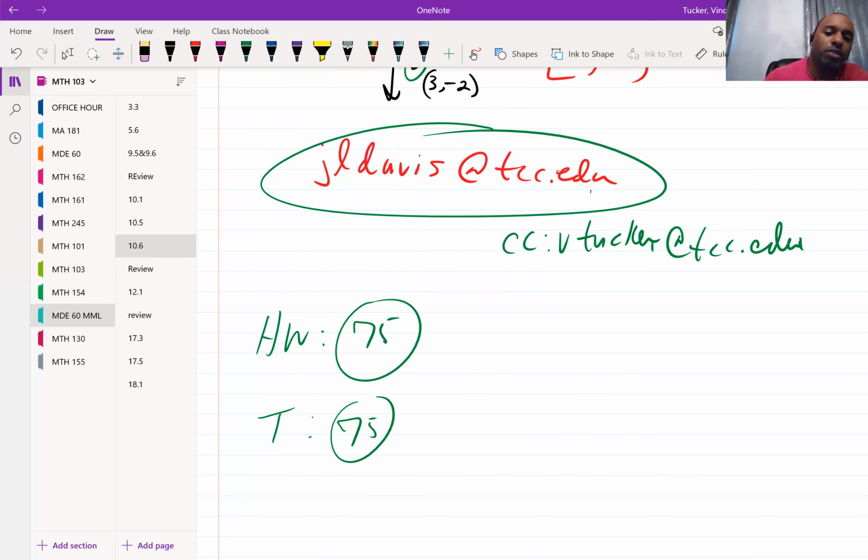So scratch that, just all tests. So you want to get 75 or better on all of your homework assignments and all of your tests. Like I said, it's supposed to be 80, but I told you initially 75, so I'll just leave it like that. We want to score at least 75 or better on all of your tests and all of your homework. And that's going to be the marker for you guys.